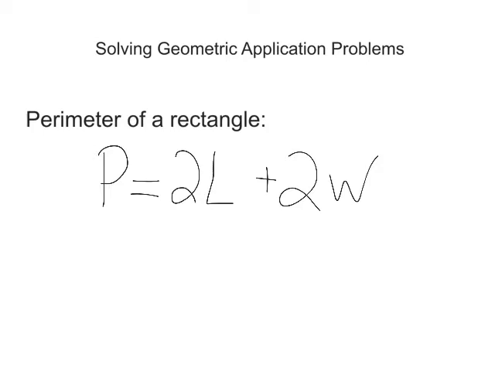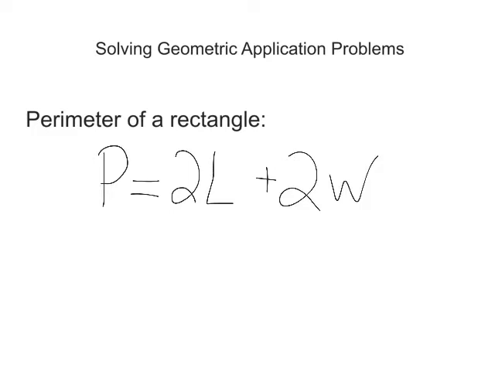And these problems usually go something like this. They'll tell you that you've got a rectangle of some type. It may be a picture frame, it may be a field that's been enclosed by fencing, some sort of rectangle. It will give you a relationship usually between the length and the width that you'll write as an expression using L or W as the variable.